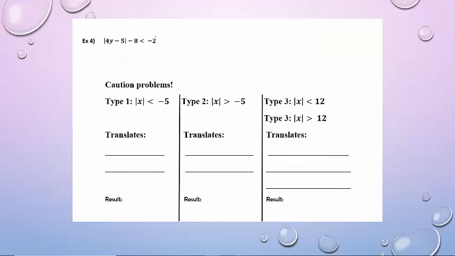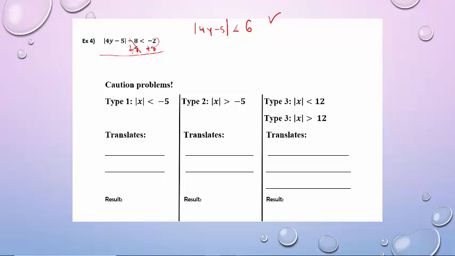Number 4, I see a negative number here. So it looks like it would be no solution because you can't be less than a negative. But we're not ready to make that decision yet because we need to add this 8 over. You always want to have your bars isolated before you make a decision. So 4y minus 5 is less than 6. So this is possible.